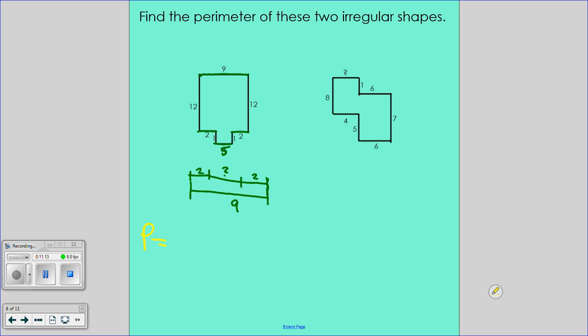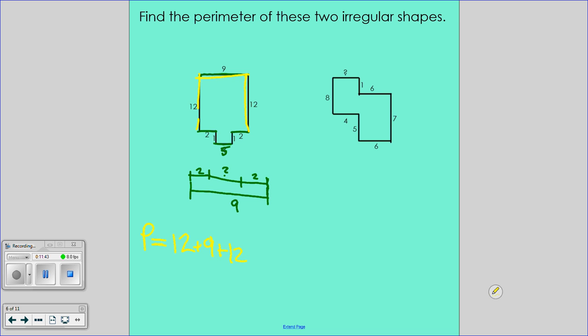All right. We're going to take a walk around our shape. McKenna, can you help me? Where would you like to start? 12? This one? We'll go with this one. All right, 12 plus 9 plus 12.